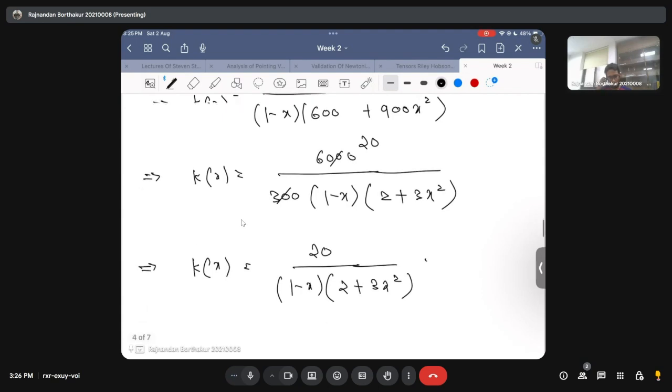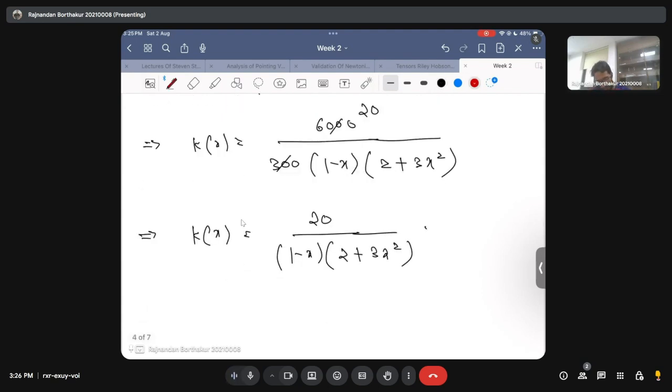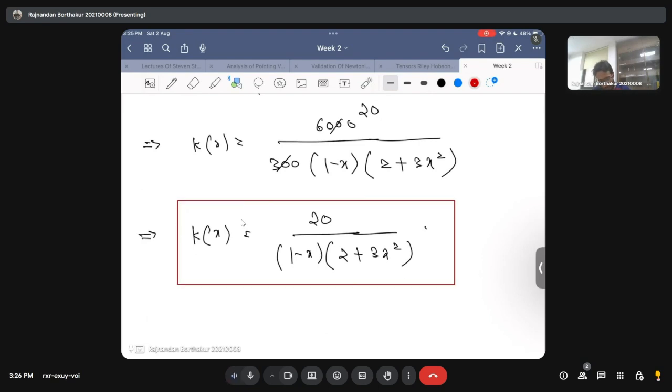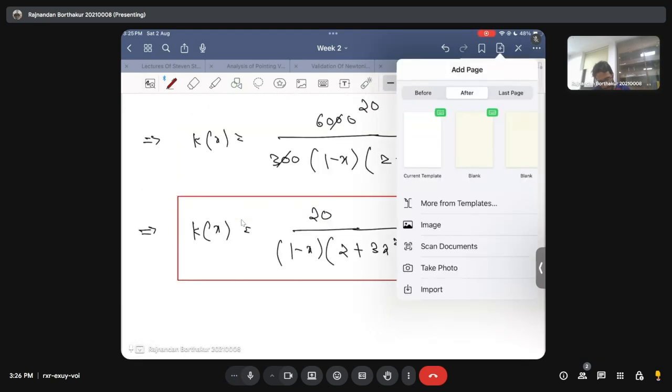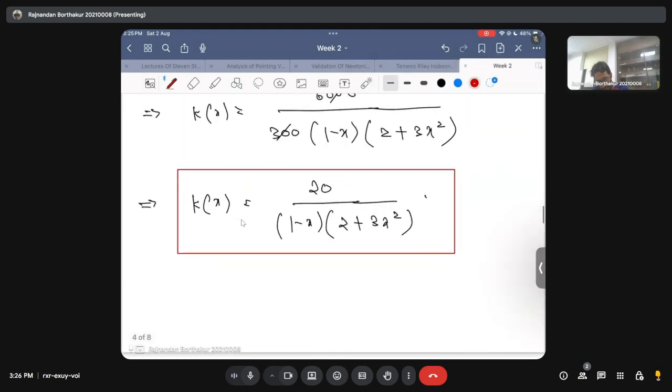All right. So that's it. That's the answer that they had asked us. And as you can see, your thermal conductivity is indeed a function of x.